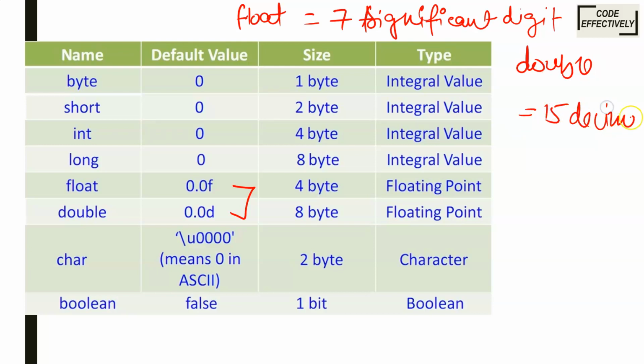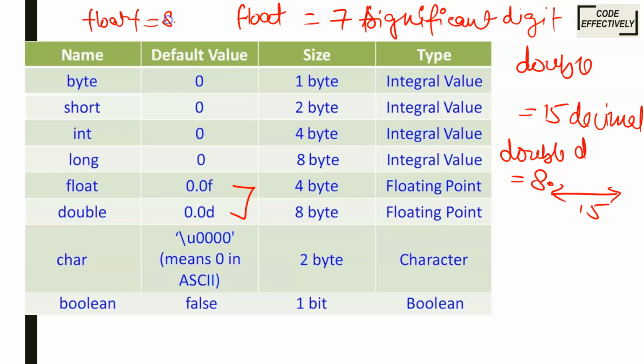For example, double d is equal to 8 point, and after the decimal we can store 15 digits. But in float, let's say float f is equal to 0.8, after this we can only store 7 digits after the decimal. This is the basic difference between float and double. That's why the float value is 4 bytes and the double value is 8 bytes.